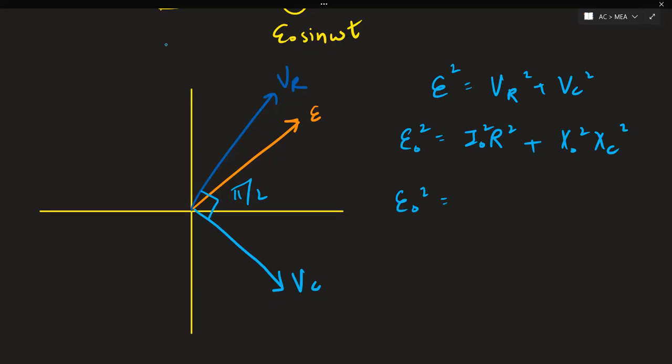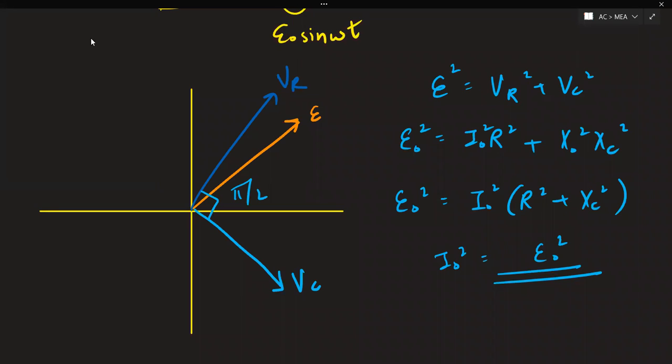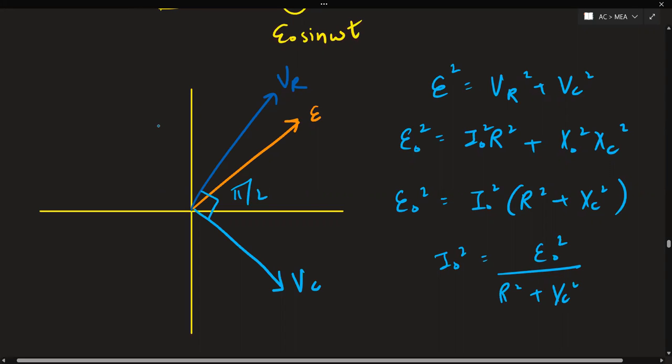Take I naught square common from here, you are left with R square plus XC square, based on this exact pattern as we have done. So I naught square is equal to E naught square divided by R square plus XC square.